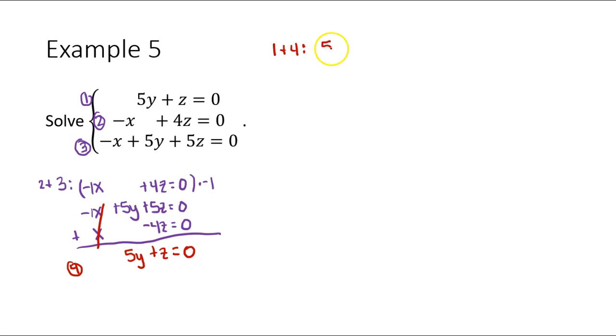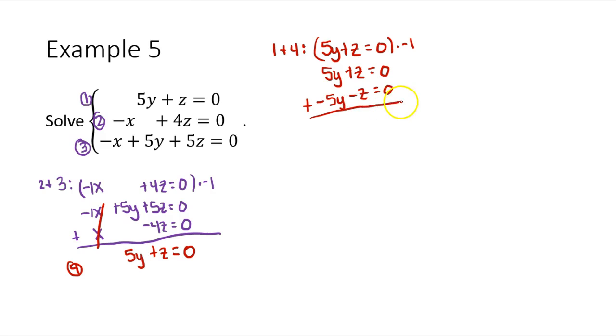Equation 1, 5y plus z is equal to 0, and equation 4, 5y plus z is equal to 0. Now, if you didn't see that these two equations are exactly the same right away, then we could take the first one and multiply it by negative 1. This would give us negative 5y minus z equal to 0, and then we would add these together.